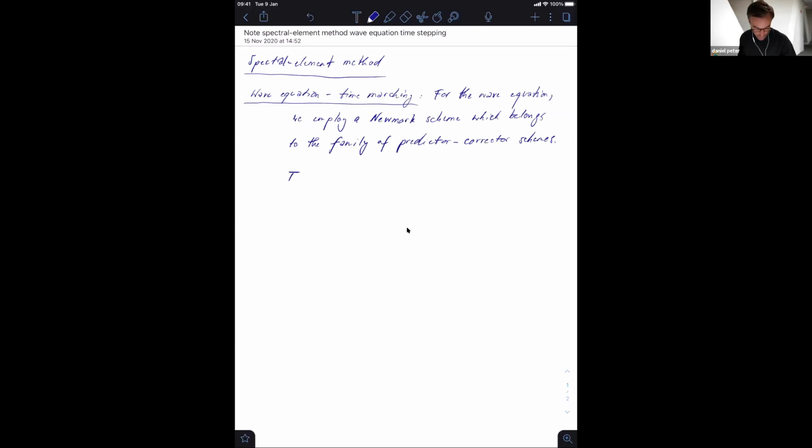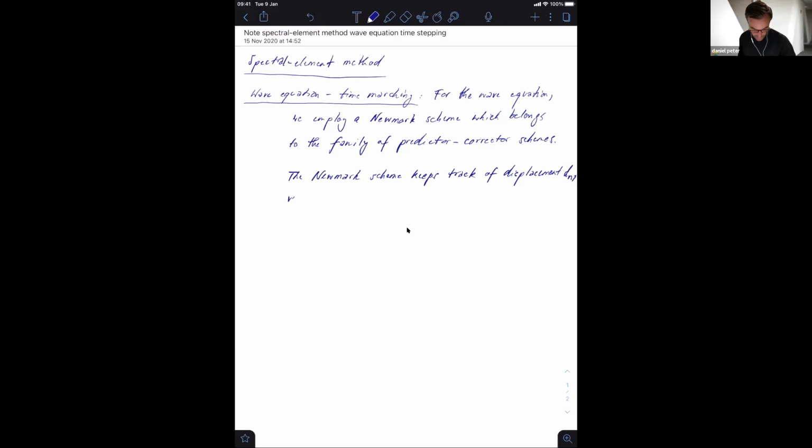So the Newmark scheme keeps track of displacement, that's d, and at time tn, so that's dn.